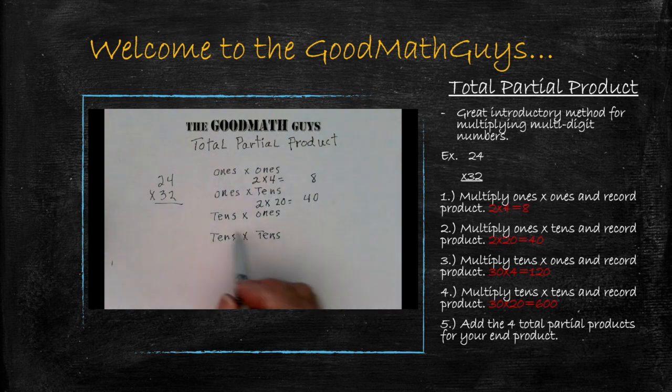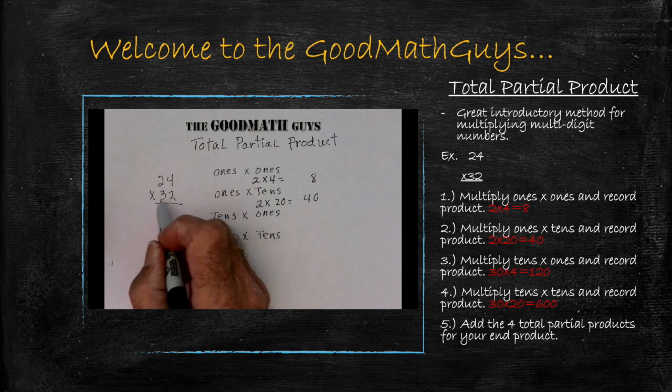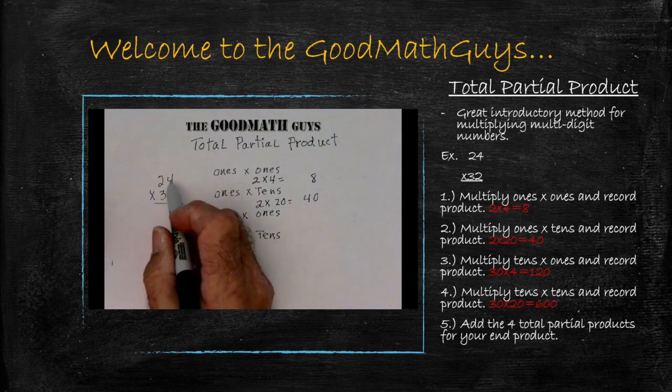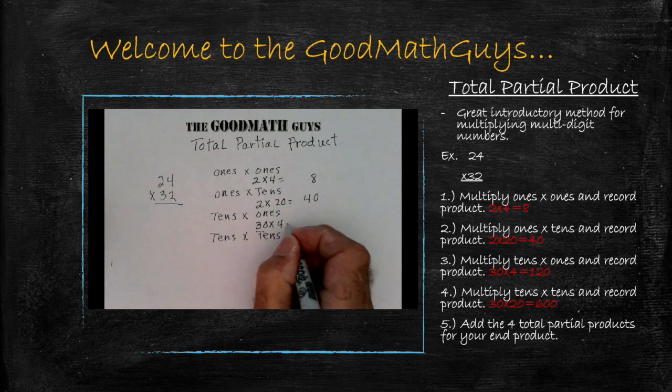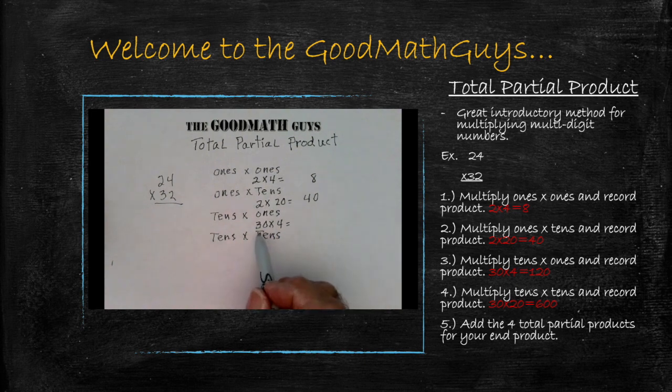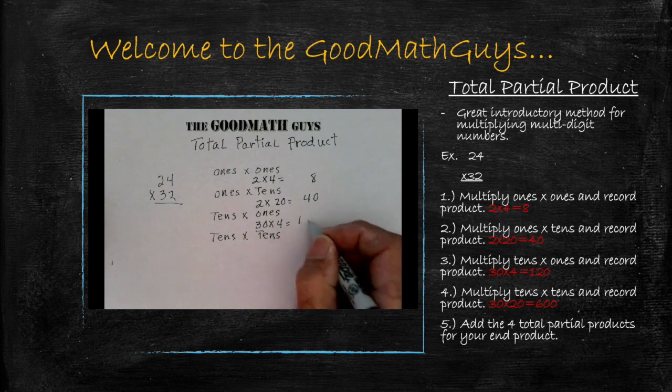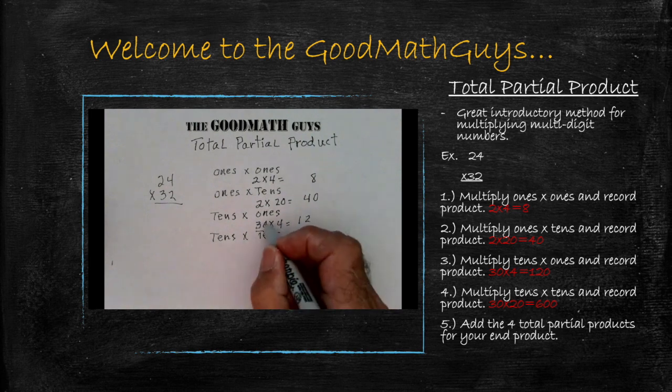The next one then, tens times ones, this is not a 3, it's a 30 times 4. 30 times 4 equals, all I have to do here in order to multiply this is go 3 times 4 is 12, and add the 0.